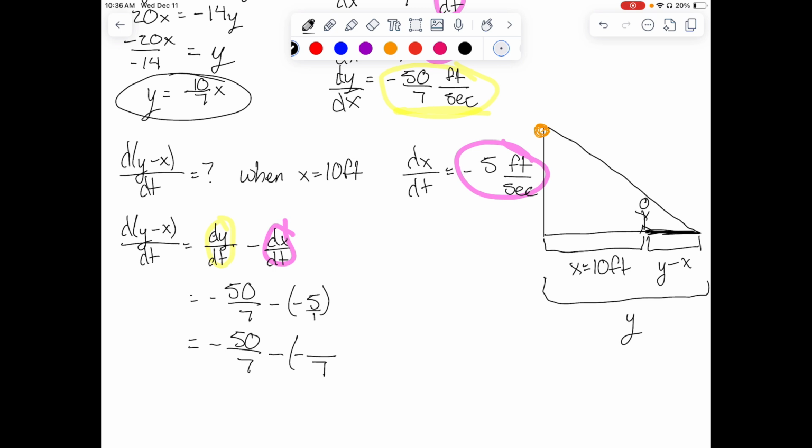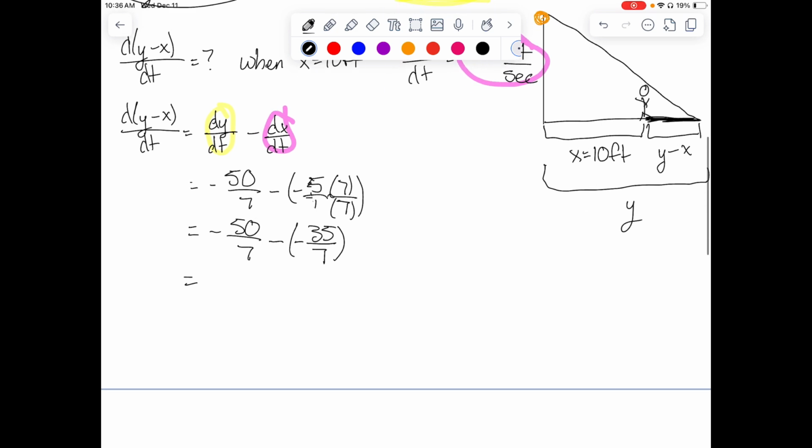So this is the same as 5/1. So just multiplying these both by 7 right there is what I would be doing. So just to make that a little bit more clear, we'll say -5/1, and I'm just multiplying these both by 7. Again, that's just how I'm getting this, which is going to be -35/7. Okay?